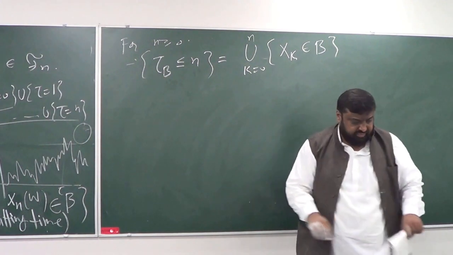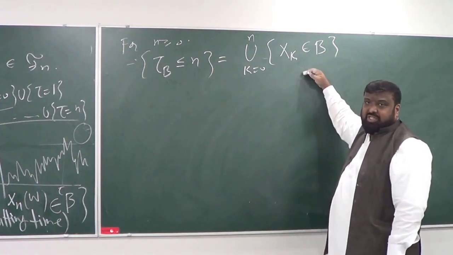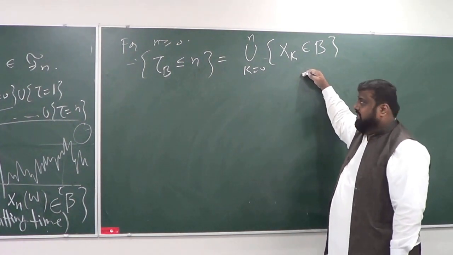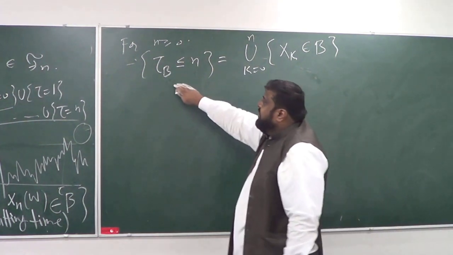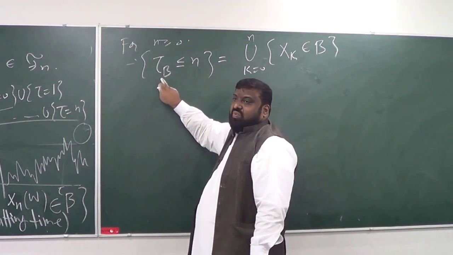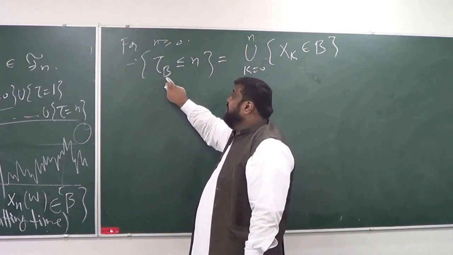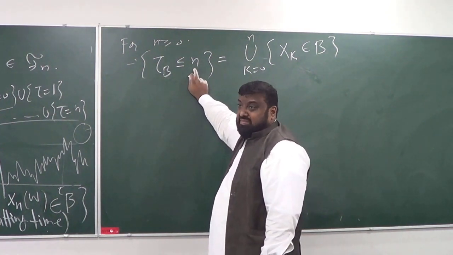What do I mean by that? Can you see the interpretation of it? I'm saying if the time when the process entered into the Borel set is less than or equal to n, what does it mean?